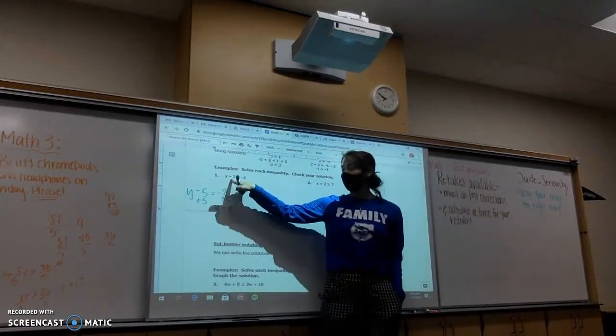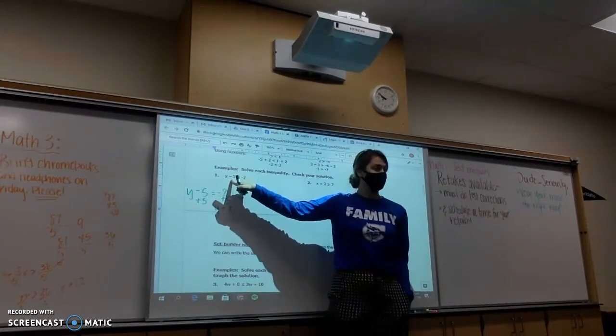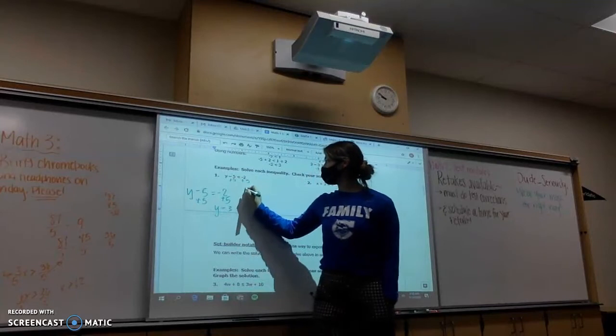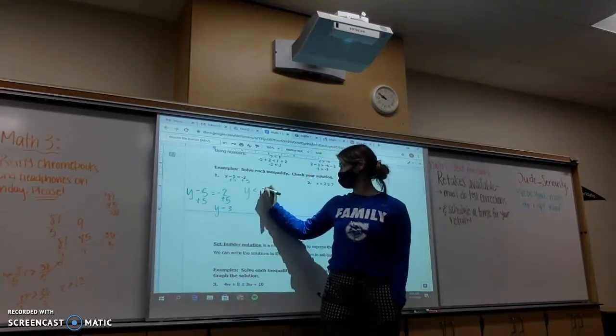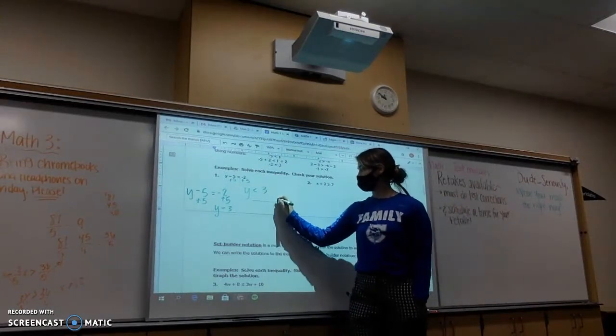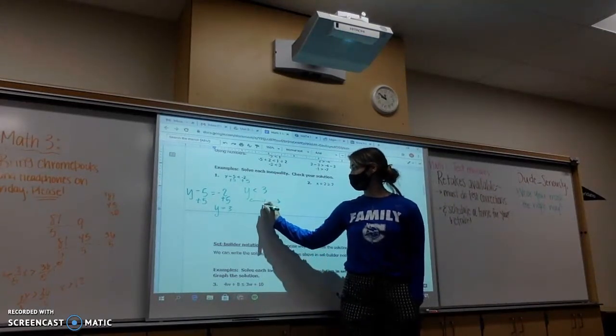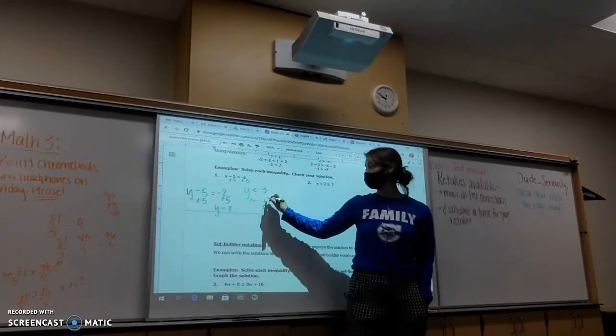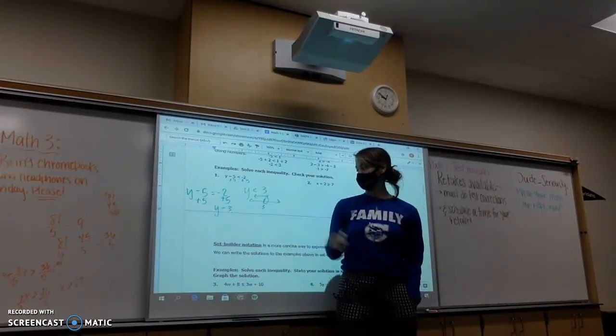So how am I going to get y by itself here? +5, +5. We get y is less than 3. So when we graph that, we have something like this. 3, it's an open circle because it's not equal to, so open, and boom, like that.